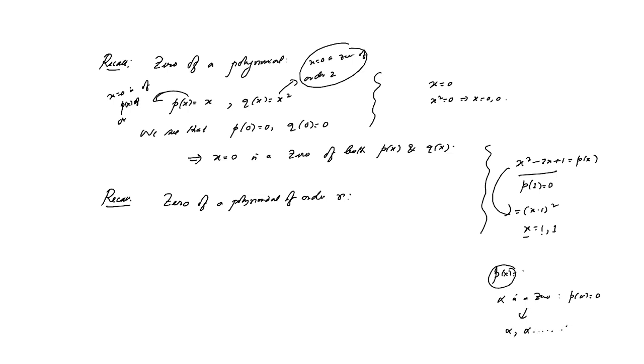That means alpha is a zero r times, that means x minus alpha whole to the power r is a factor.